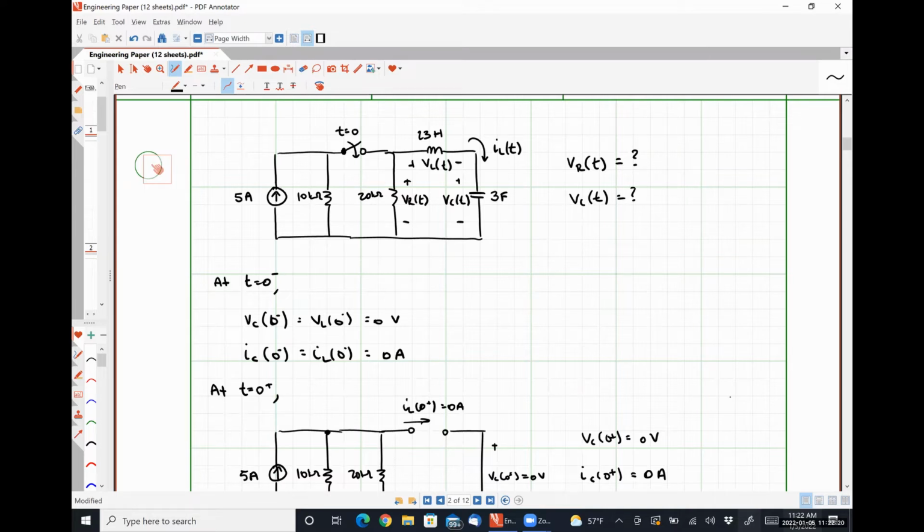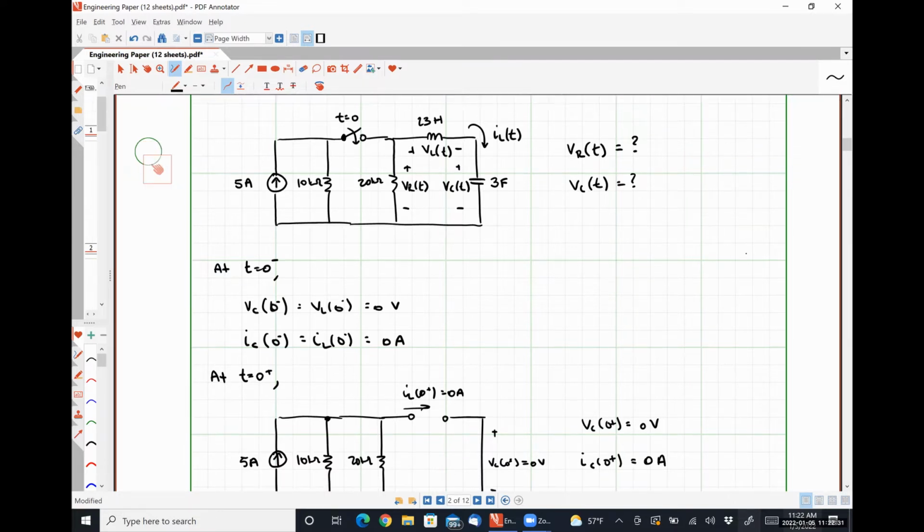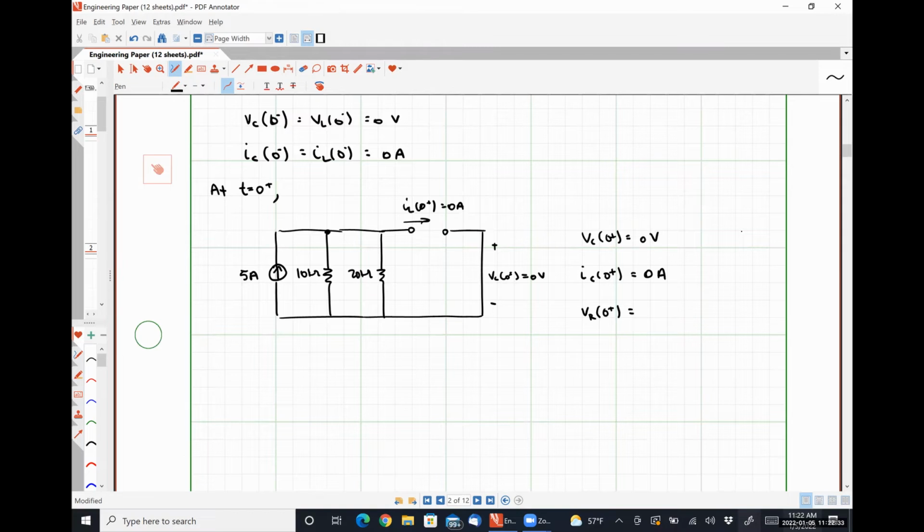Those two quantities cannot change abruptly, which means whatever value they have at t equals 0 minus, they have to continue to have at t equals 0 plus, which is how we're analyzing this, okay? So I know that my inductor current is 0 amps because at t equals 0 minus, it was 0 amps.